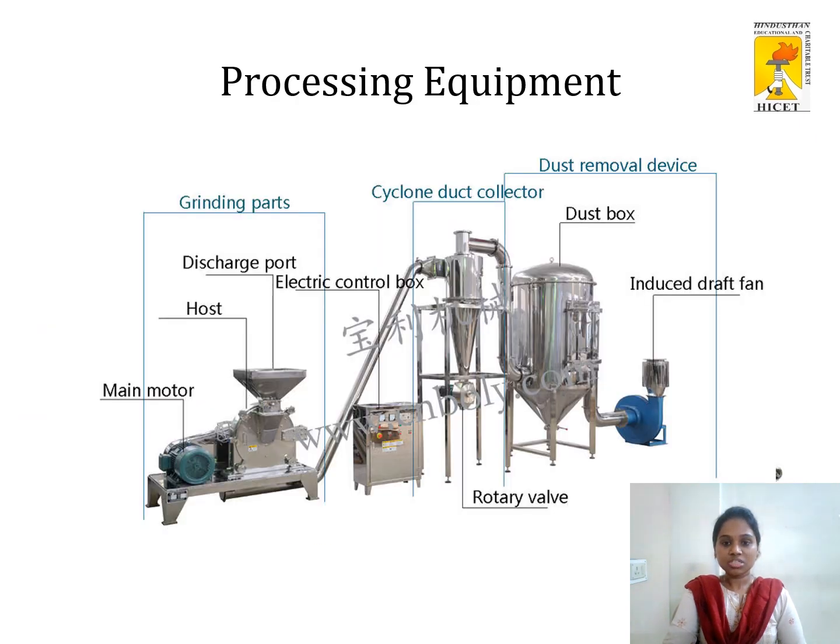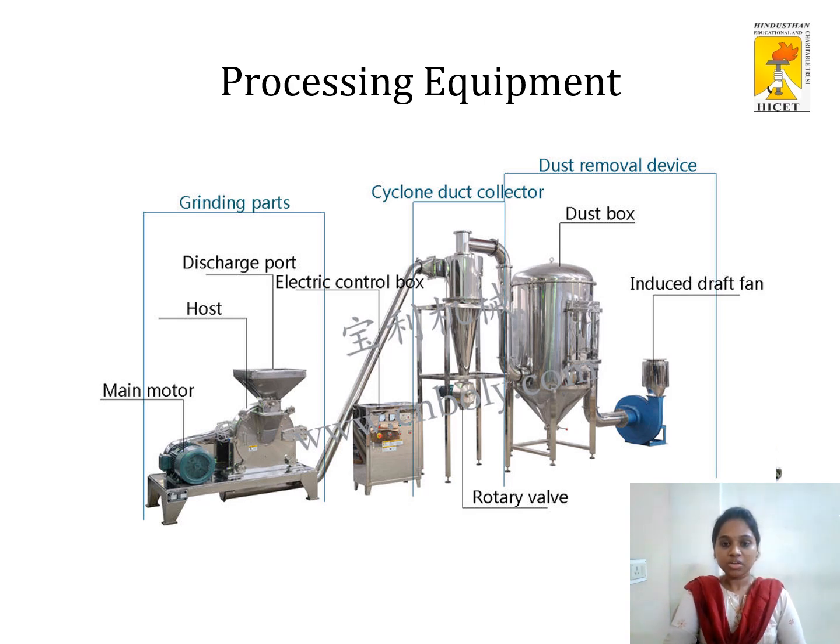So this is the processing equipment used for powdering of cinnamon or cassia barks. After the size grading, they will be using equipment like a grinding part, cyclone dust collector and dust removal device. In the grinding part, it will be using a ball mill consisting of a main motor which will grind the product into fine powder.